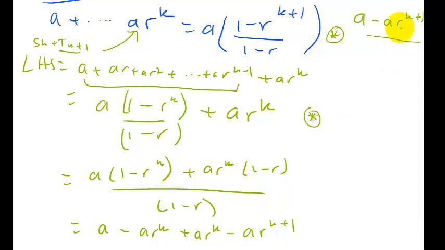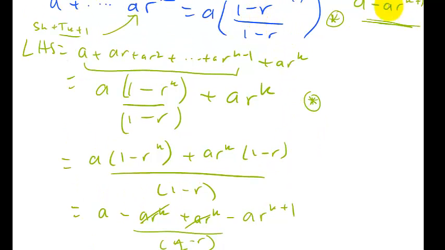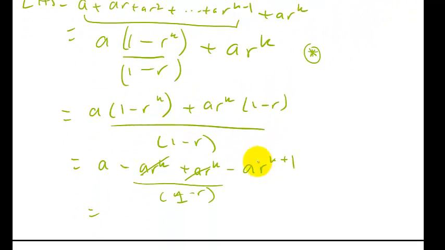And look, cancel that out. a minus ar^(k+1), I got it, but over 1 minus r. But you're not done. That doesn't prove it's equal to the S of k plus 1. You've got to write it like that, and that's what the expansion helped with. So then that's a(1 - r^(k+1)) over 1 minus r.